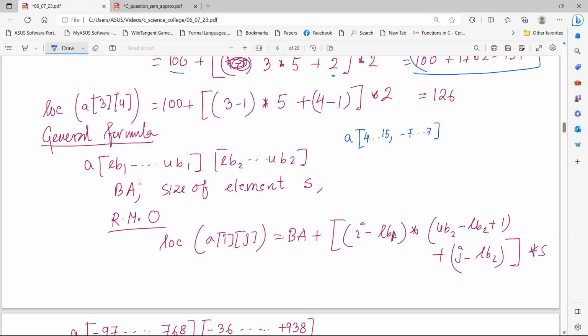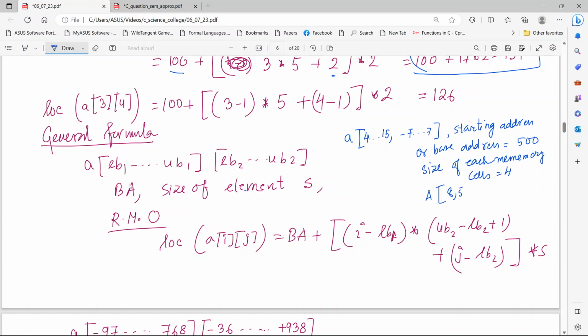And the starting address, that means the base address, is given in the question paper, say 500, and the size of each memory cell is equal to 4. You have to find the location of 85 using row major order.